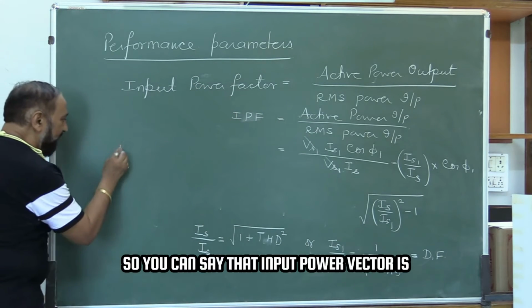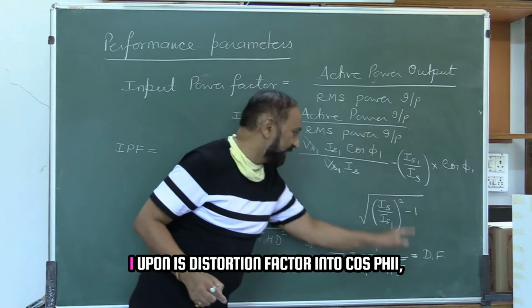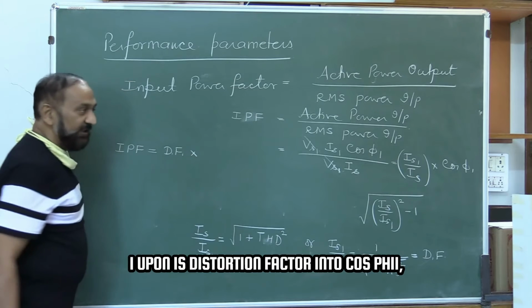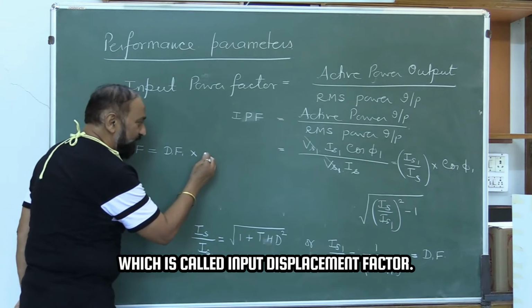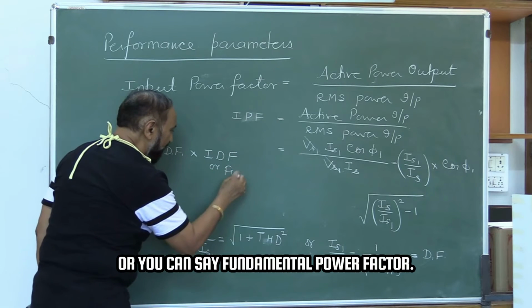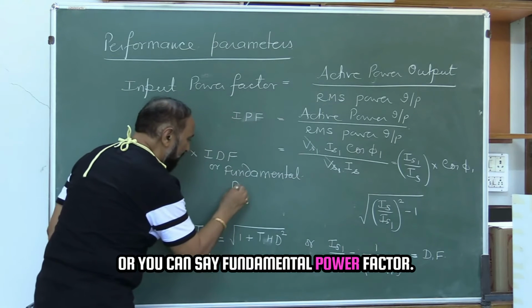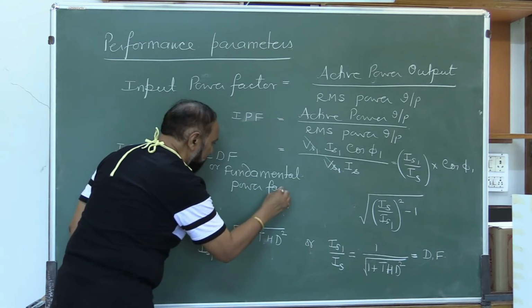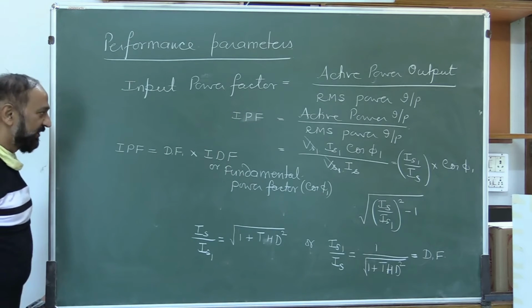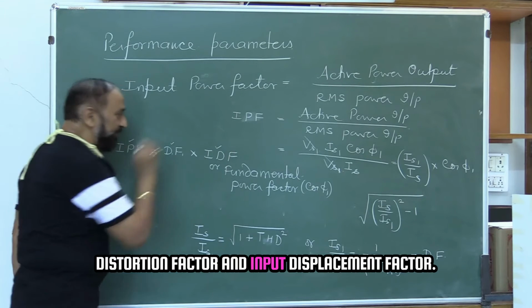So you can say that input power factor is IS1 upon IS, the distortion factor, into cos phi 1, which is called input displacement factor, or fundamental power factor. So the input power factor is a product of distortion factor and input displacement factor.